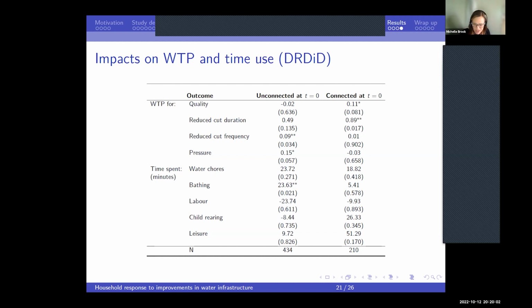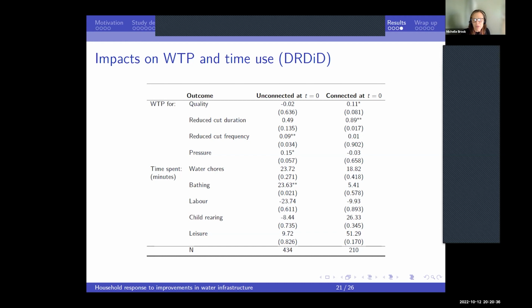So a story emerges where these people who were unconnected at baseline get their tap connections and bathing becomes more convenient. And so as a result, if the main benefits I'm getting are in terms of a better bathing experience, then it would make sense that the attributes that mean most to me are that I can count on having the water to bathe, i.e. reduced cut frequency, and that I can have adequate water pressure to bathe.